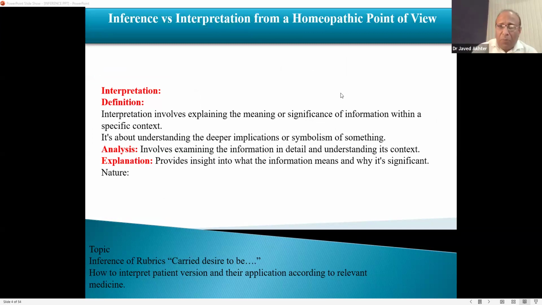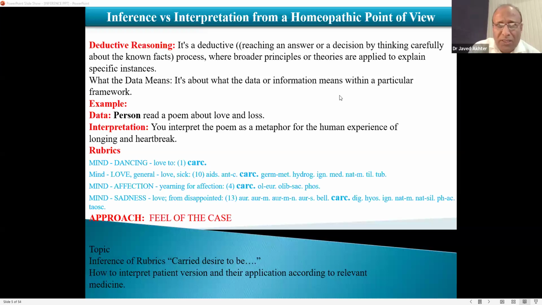Explanation provides insight into what the information means and why it is significant. Here are two words we use: deductive reasoning, a process where the broadest principles or theories are applied to explain specific instances. It is about what the data or information means within the particular framework.